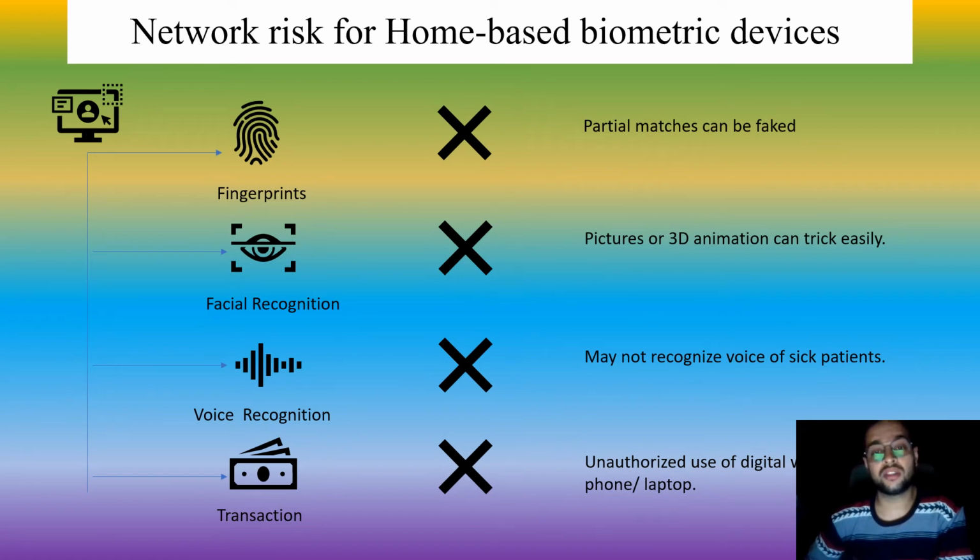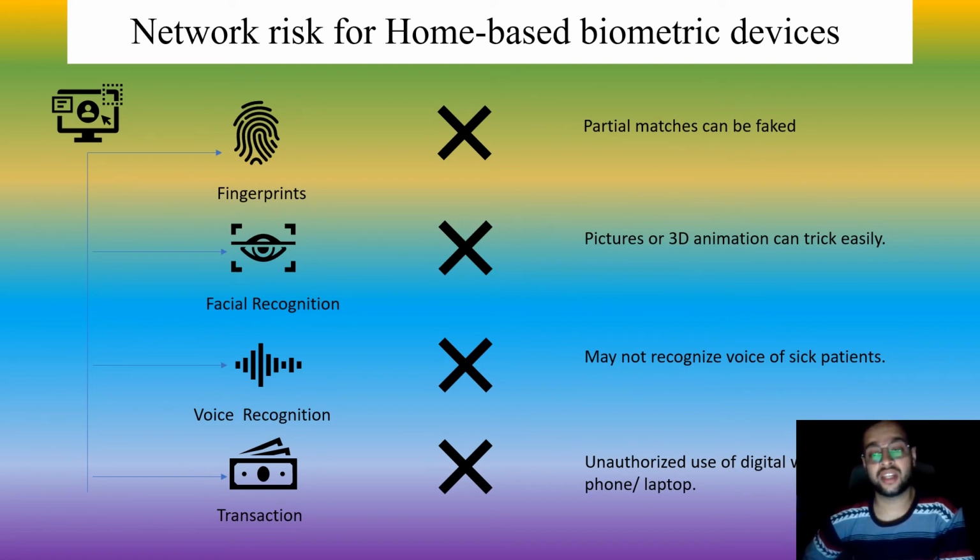Home-based devices such as network thermometers, glucometers, and blood pressure monitors rely on data that is authenticated from the consumers. As we can see, depending on the authentication factor and the user, the data can be easily manipulated with wrong intentions.